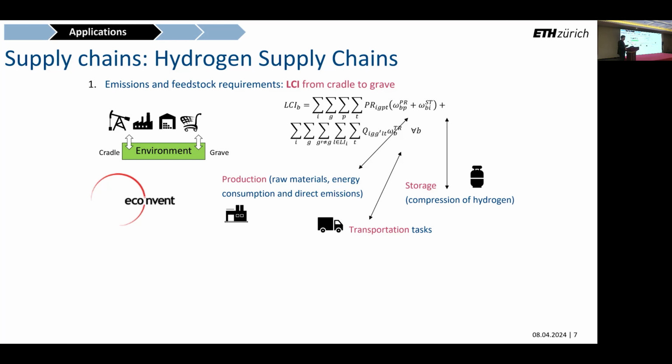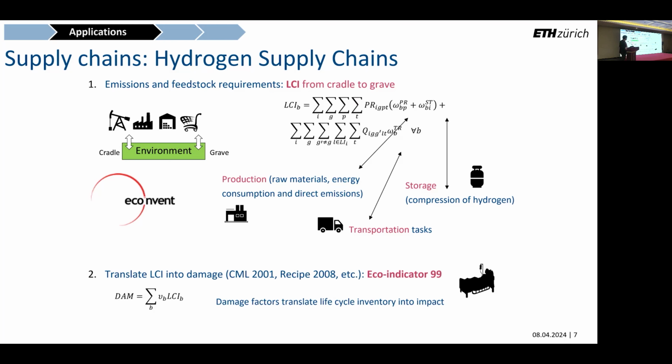Here we are using Ecoinvent, which was developed in Switzerland. So for example, in the model, we have a variable that represents the amount of hydrogen produced via a technology, for example, steam methane reforming. And in Ecoinvent, we'll find the life cycle emissions of producing hydrogen with this particular technology. So we multiply both, and then we get the total emissions. So once we have these emissions, we can convert into impacts.